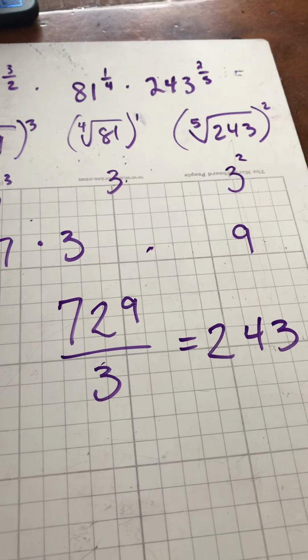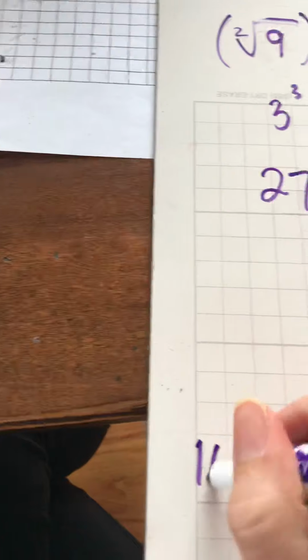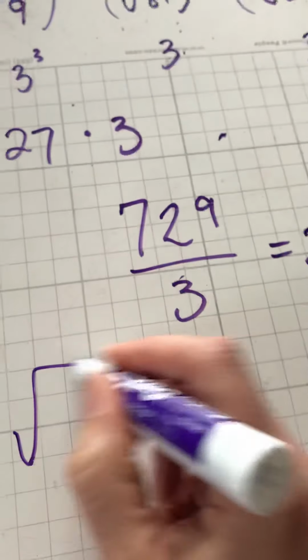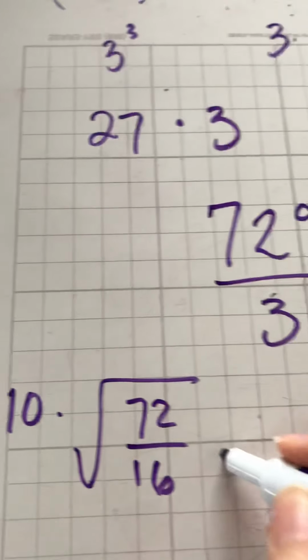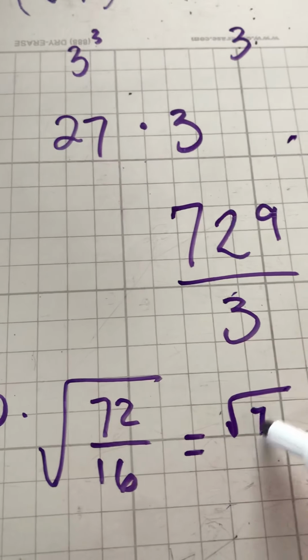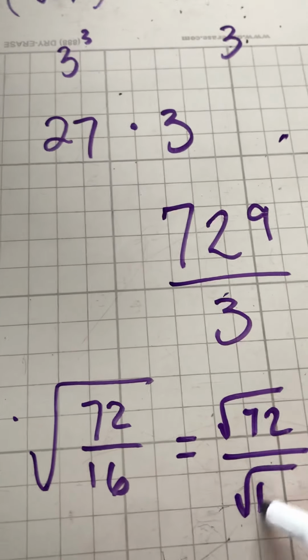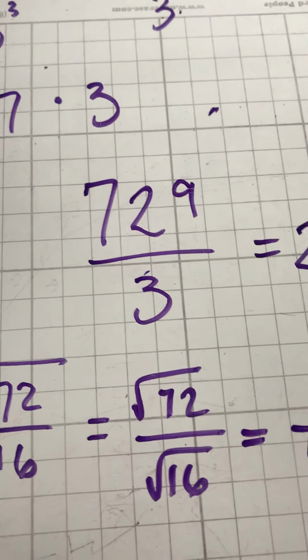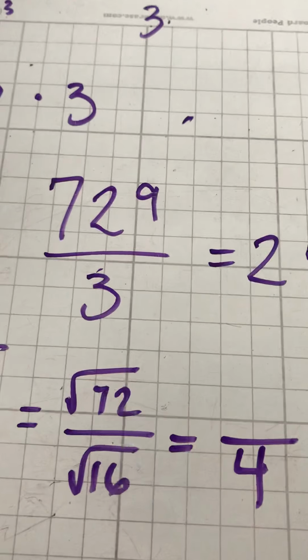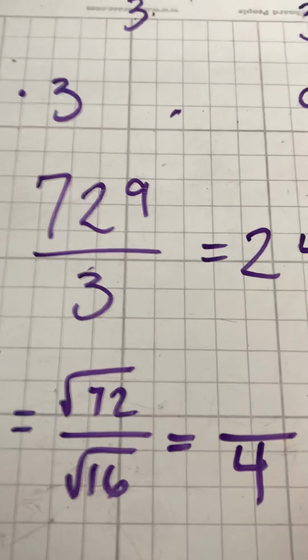And then the very last one was to simplify this. So using the quotient property, we can separate the numerator from the denominator. So you knew the denominator came out to be 4, and then for the numerator, we have to find a perfect square that can go into 72.